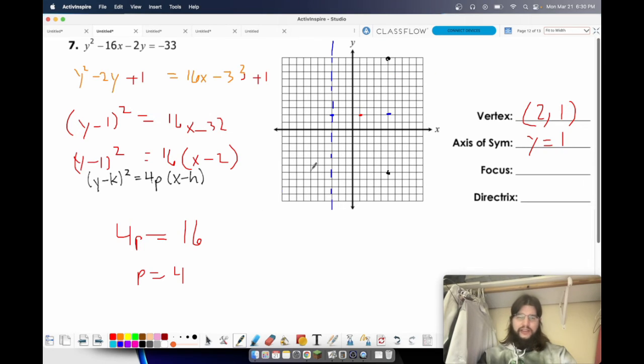So now we can sketch our parabola. And I missed. And there we go. Focus was at 1, 2, 3, 4, 5, 2.